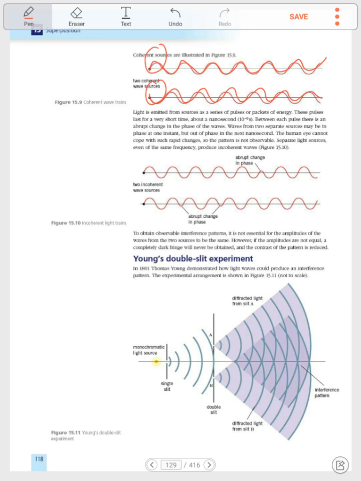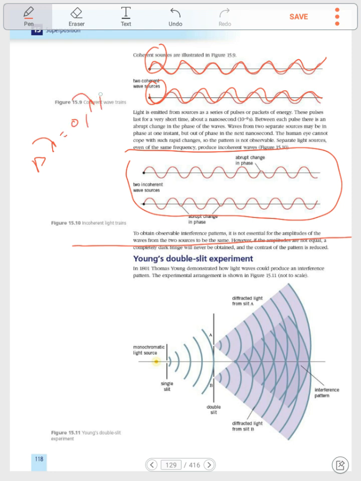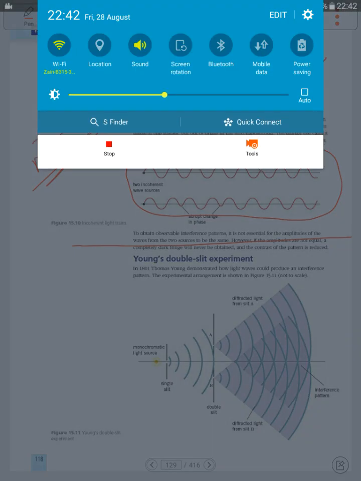So if these waves meet in this shape, there is a destructive interference, but here we have a constructive interference because they have the same phase. Okay, so if the path difference between the waves is 0, lambda, 2 lambda, we have a constructive interference. Okay, remember this very well. Okay, we'll stop here now.